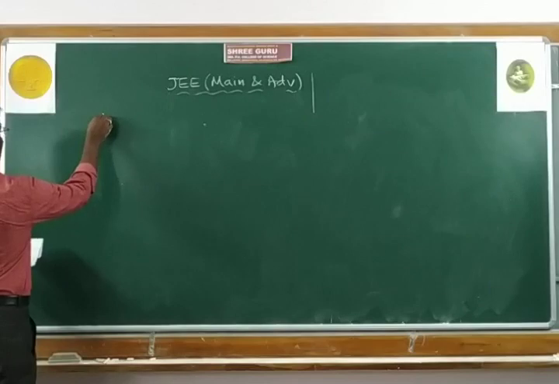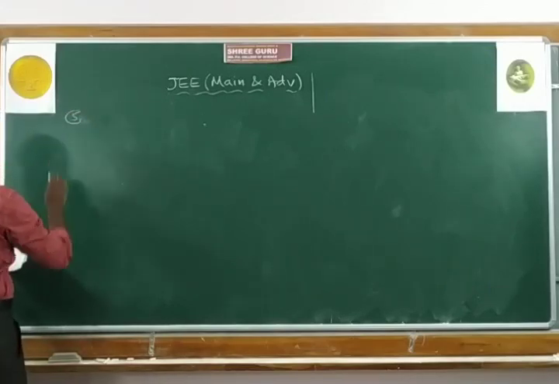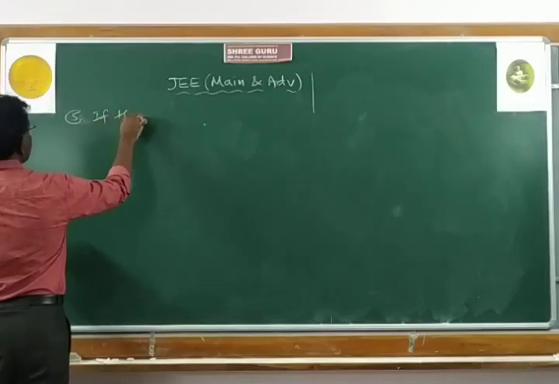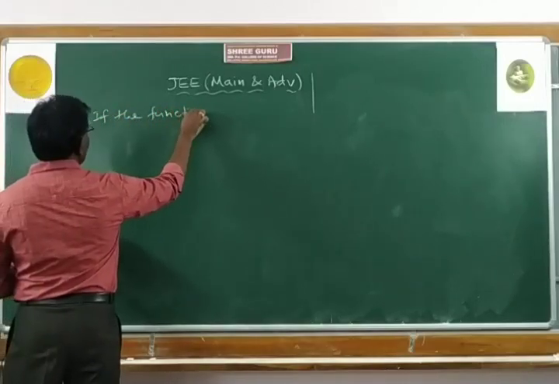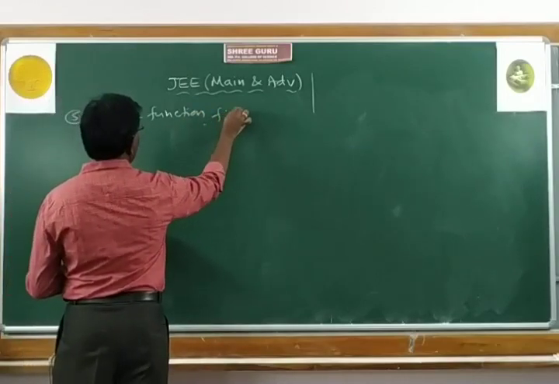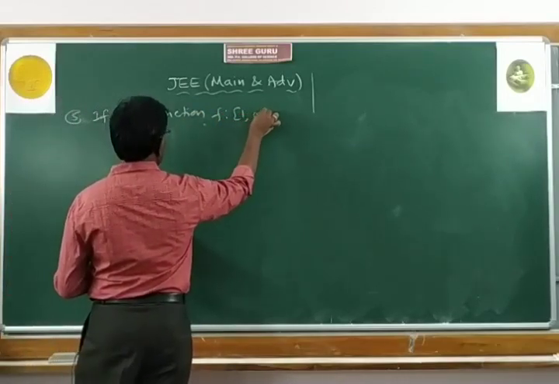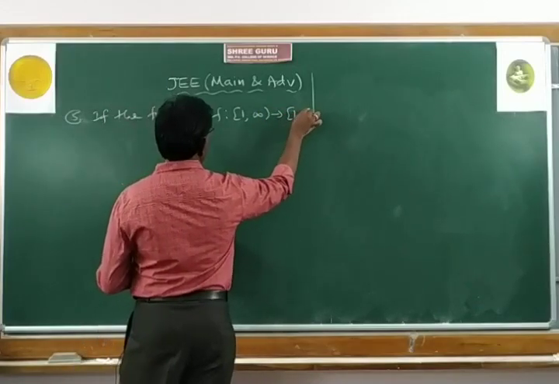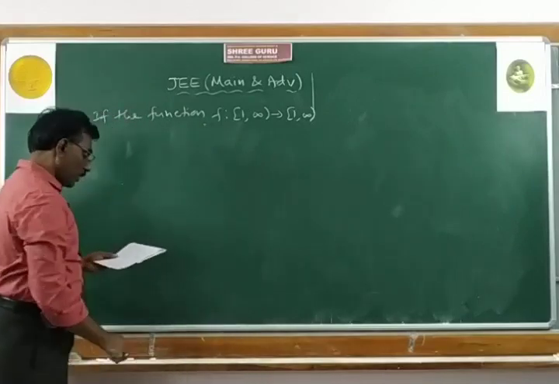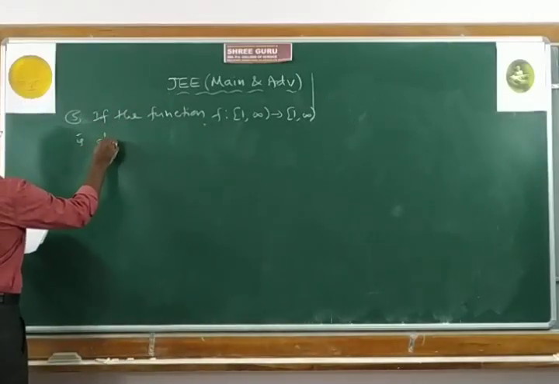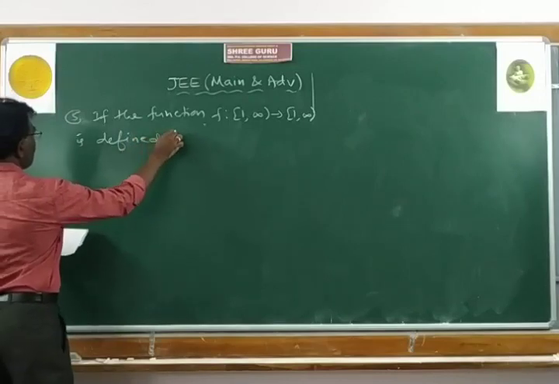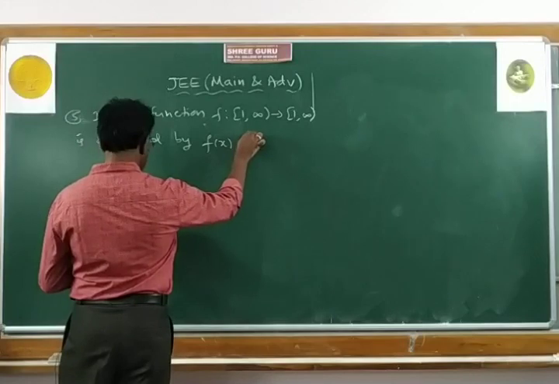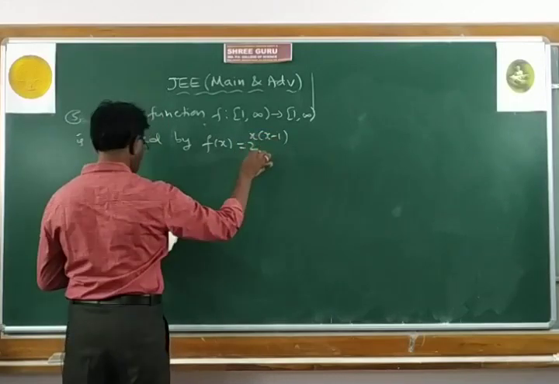Next, problem number 5. If the function f from 1 to infinity, I think greater than 1, tends to again 1 to infinity, greater than 1, is defined by f of x is equal to 2 to the power x into x minus 1.